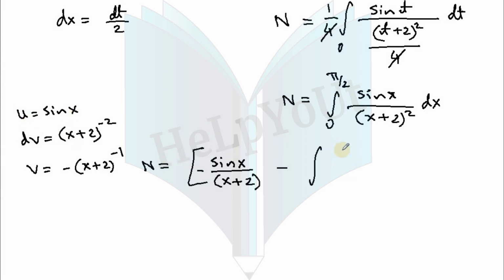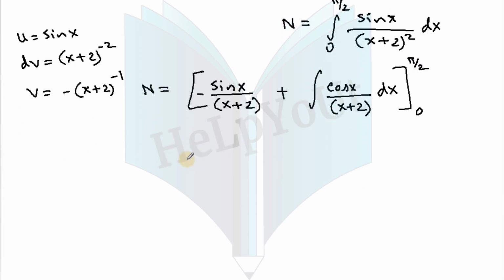The differentiation of this is cos x dx. Dx I will write later, and this minus will become plus here. X plus 2 goes here, and that is dx, and the limit is of course from 0 to pi by 2.